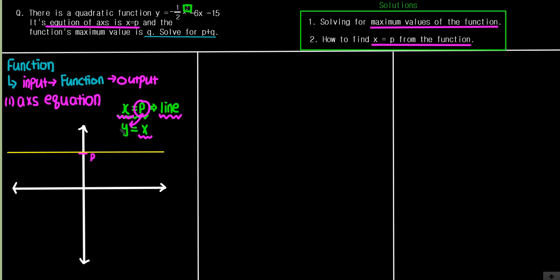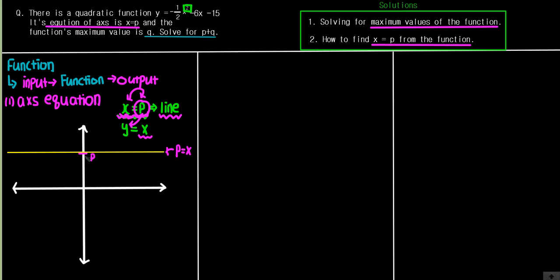The reason is that we know x equals p, which means even though we input the value of x, the y value should always be equal to p, as we see right over here. So this line is p equals x.